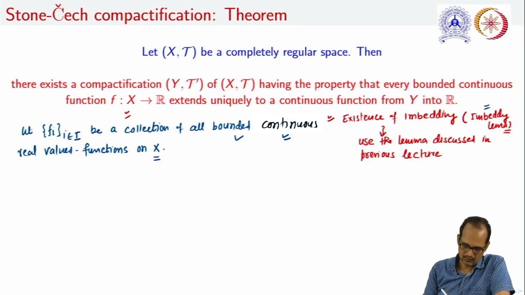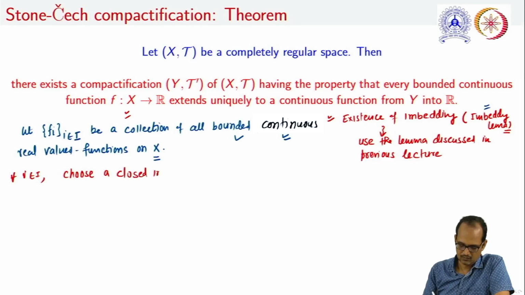Now, what we can do is that for all i in I, let us choose a closed interval, because we have already used this I for the index set. So we are using a different notation for an interval, that is, let us take this interval as Ji.